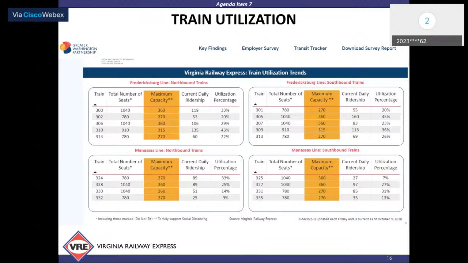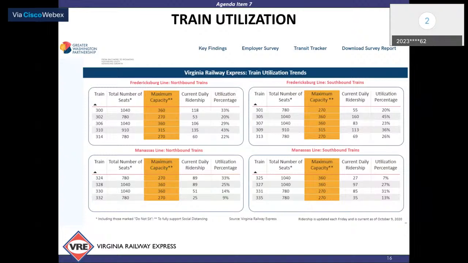Last month, I showed you a train utilization page that we added to our website to aid passengers in determining which trains to ride based on current capacity levels. I just want to highlight this one here. This is the same or similar information that I presented last month, but in this case, the Greater Washington Partnership Transit Tracker website is now, we're actually now feeding that information into their efforts, which is more of a regional effort.